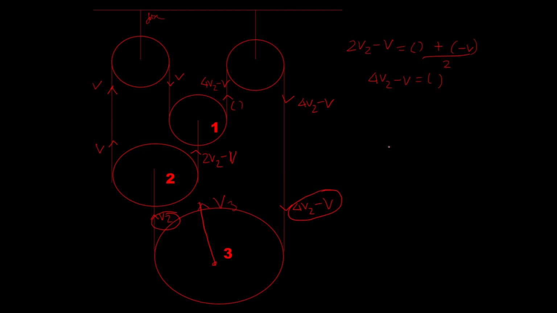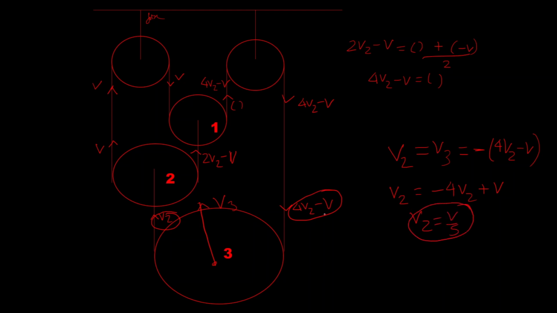So actually V2 is equal to V3, and since this is in the downward direction, this will be nothing but minus times 4V2 minus V. Okay, so V2 is equal to minus 4V2 plus V. This implies that V2 is equal to V by 5, right? Now also observe that V2 and V3 are equal to each other. So V3 is also equal to V by 5.